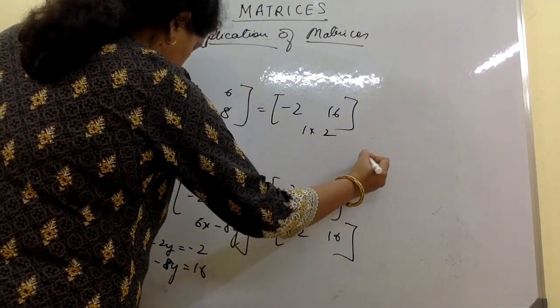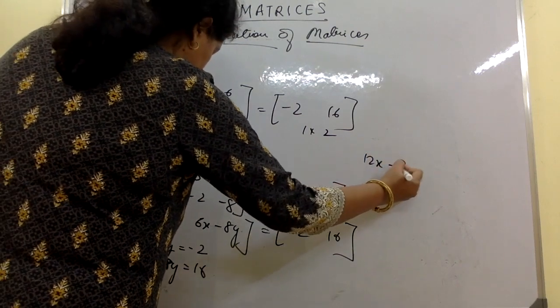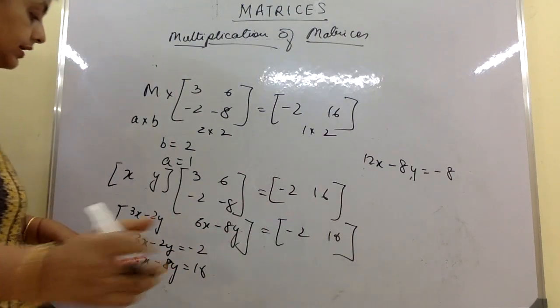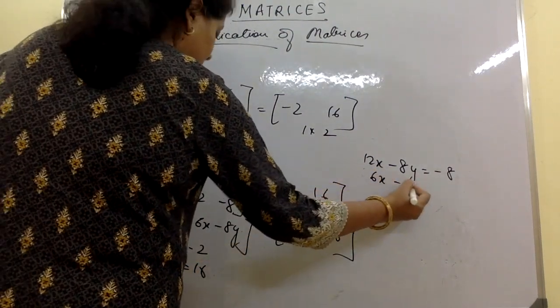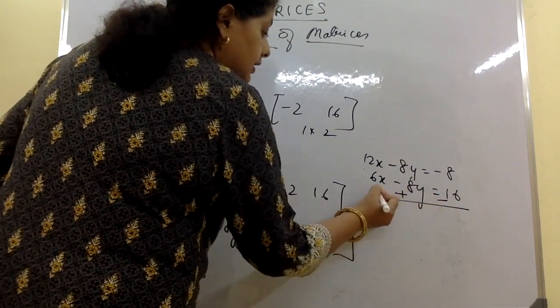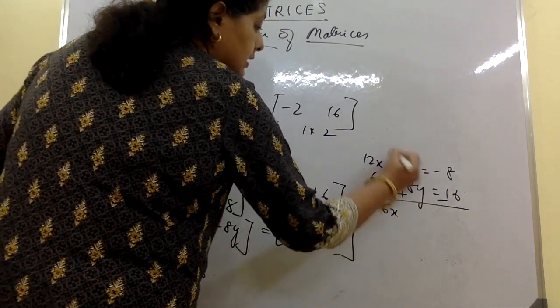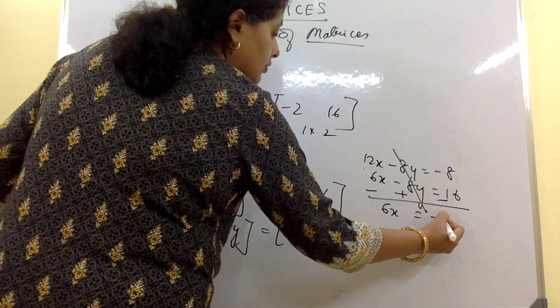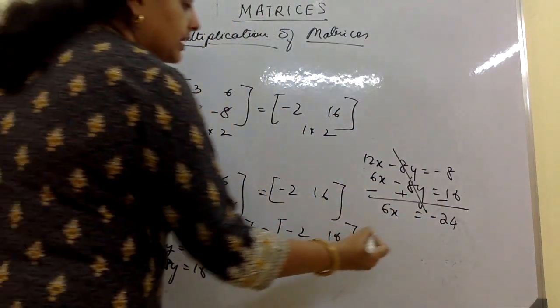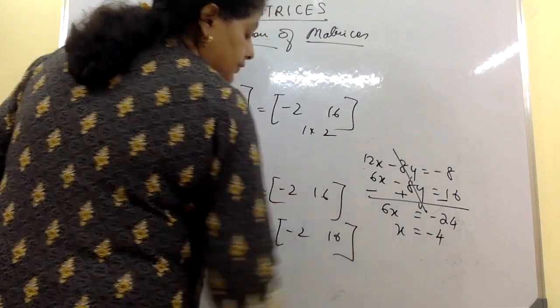This is 12x minus 8y is equal to minus 8, and then I'll just write this equation over here. 6x minus 8y is equal to 16. I shall be subtracting, so this is 6x, this is gone, and that is equal to minus 24. So x is equal to minus 4.